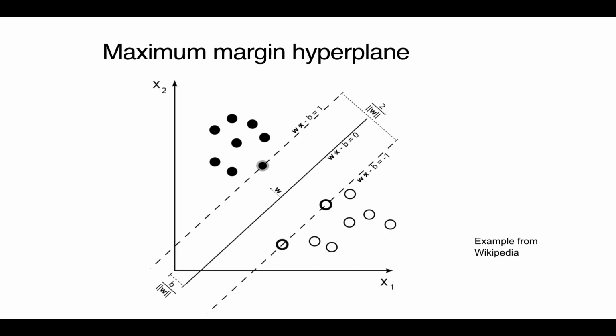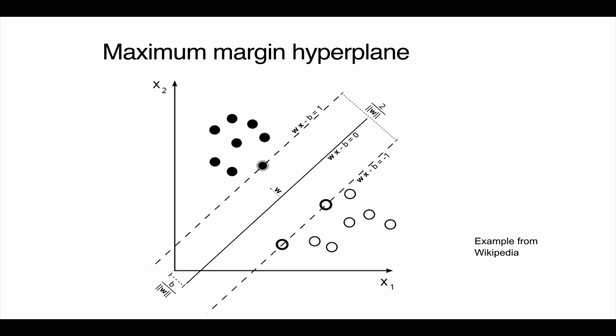First out, a maximum margin hyperplane. This is a way to select a hyperplane that will give you the maximal separation between our two classes of observations.